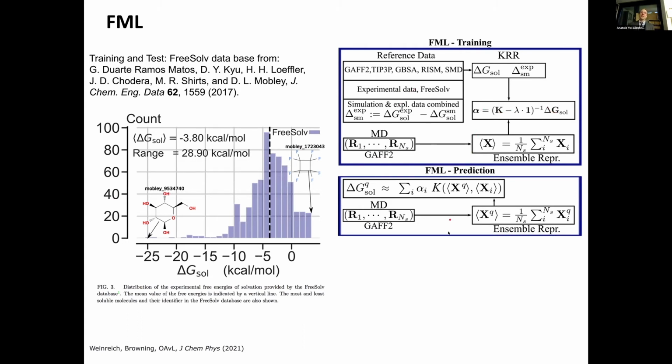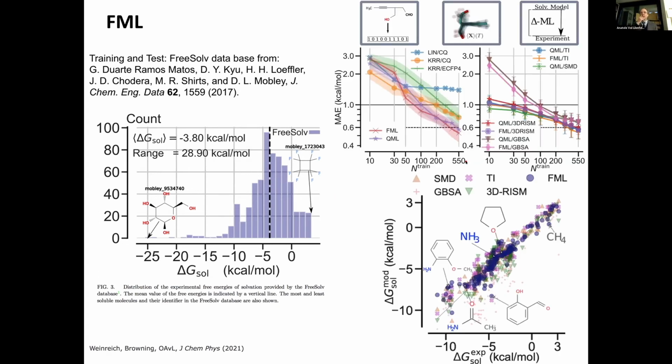And for testing, for the prediction, you had to first run the molecular dynamics on your query, and then you can use that averaged query as an input, Q, to predict the free energy of solvation for that query, right? What you see now is the prediction error that you would get for the free energy of solvation for new out-of-sample compounds as a function of training set size.